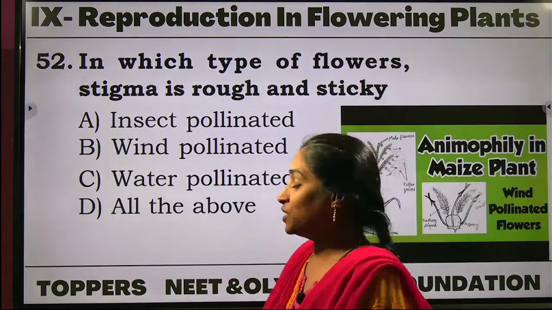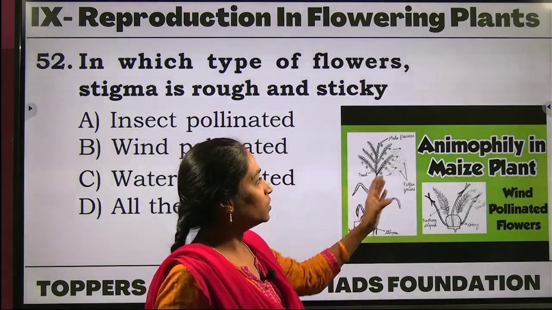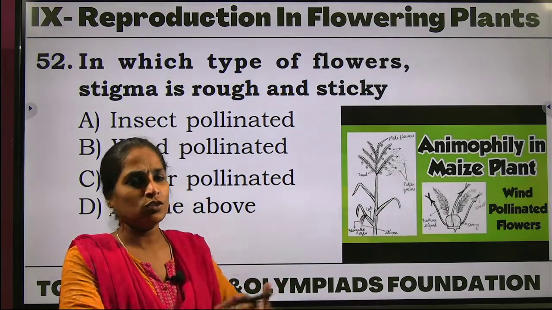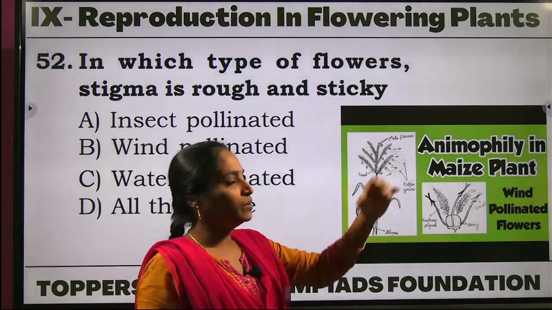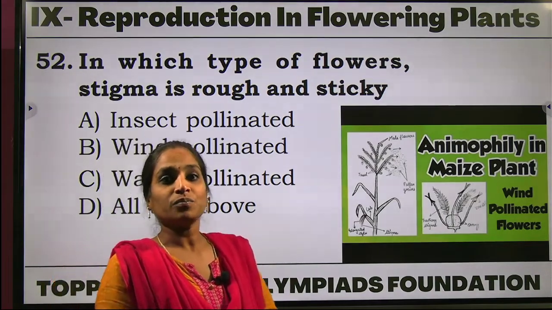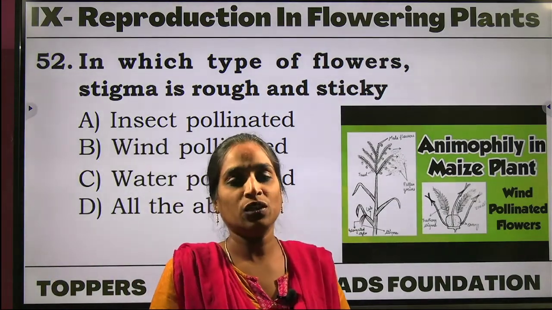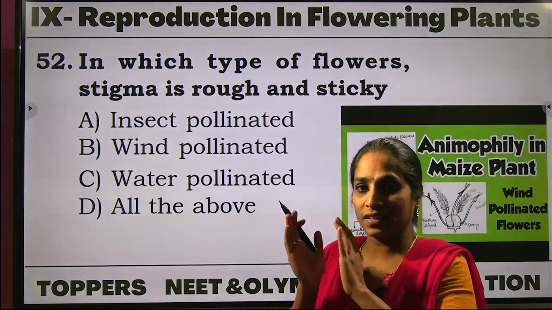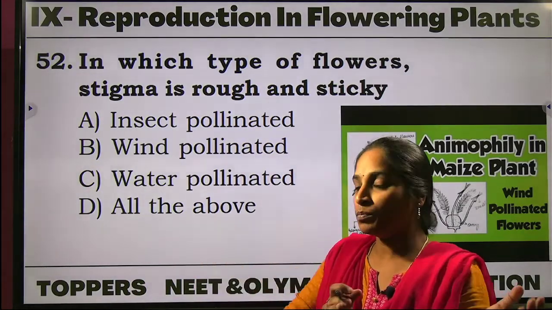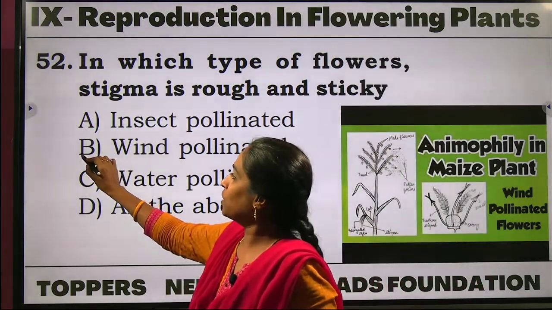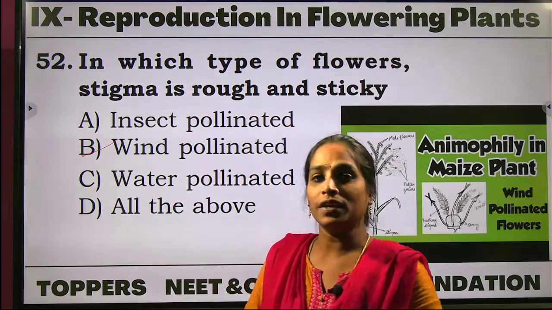If you observe the picture, here is anemophily in the maize plant. In previous classes we have discussed that anemophily is the pollination which is done by the wind. The wind acts as an agent for the pollination process. So the correct option will be wind pollinated flowers.